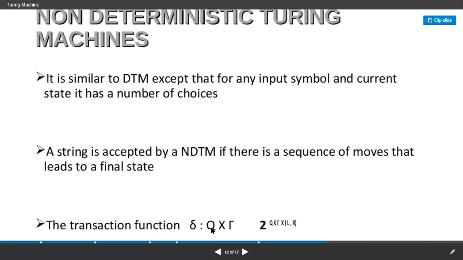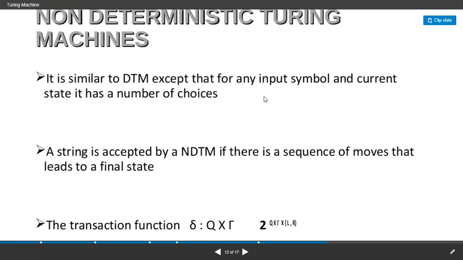A finite number of states mapping with a finite number of input tape symbols, right? The transition mapping function is Q maps with tau, where it is 2 power, which implies 2 power n number of states with n number of tape symbols along with mapping with left or right, then it can be called an NDTM.